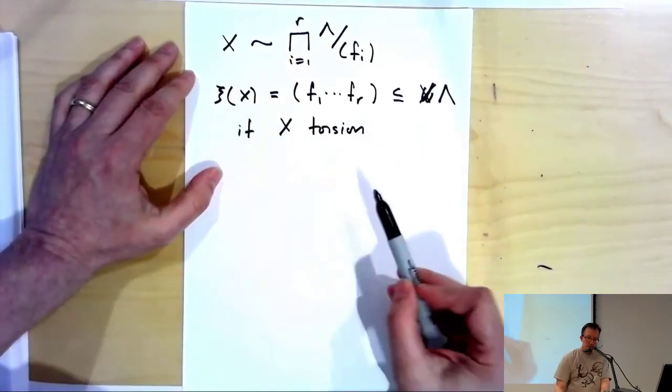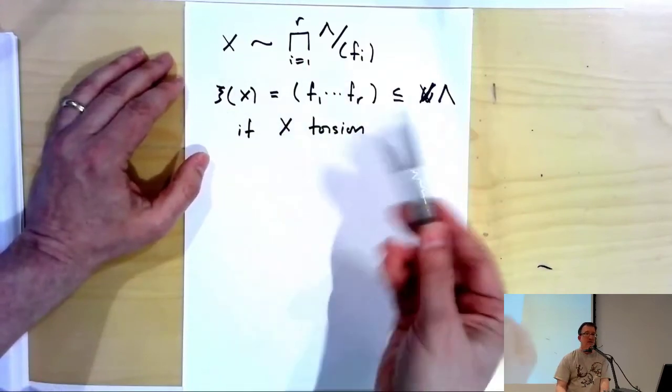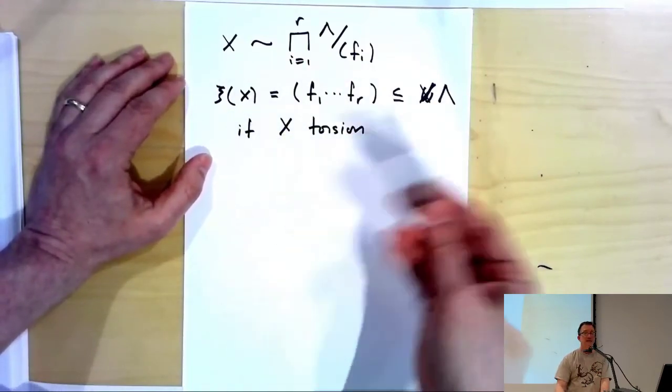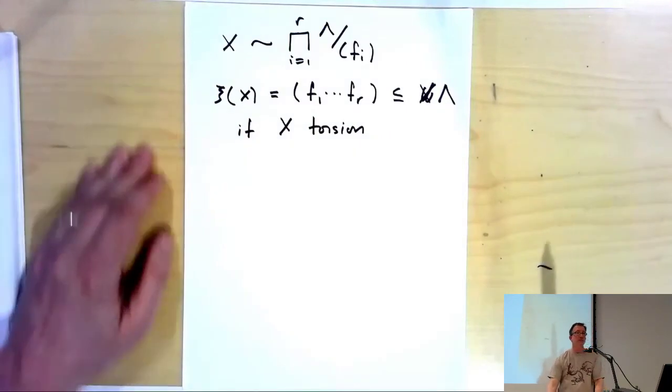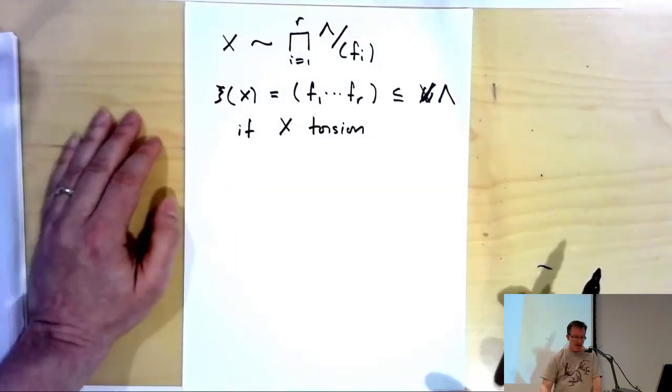And so then the natural question to ask is what does this characteristic ideal mean? Does it have any relation to the kinds of things we've looked at before?